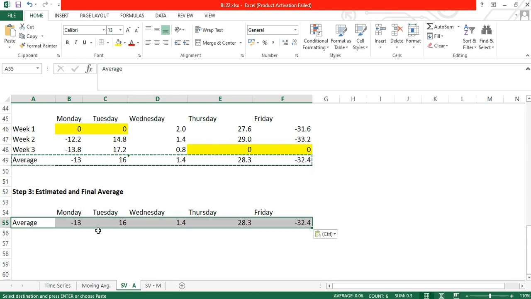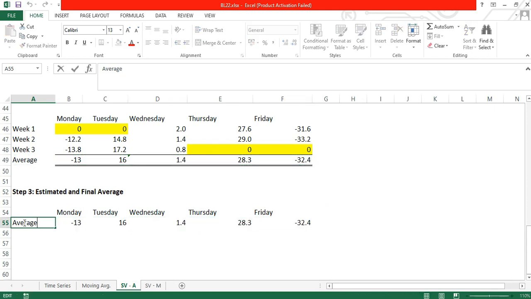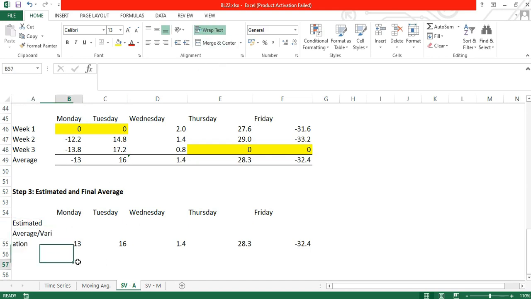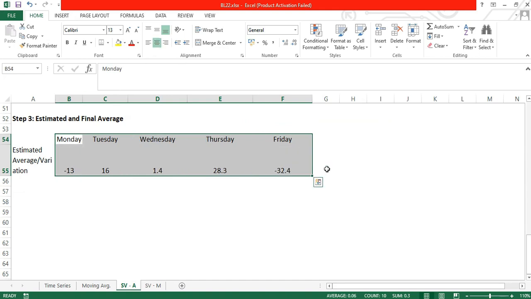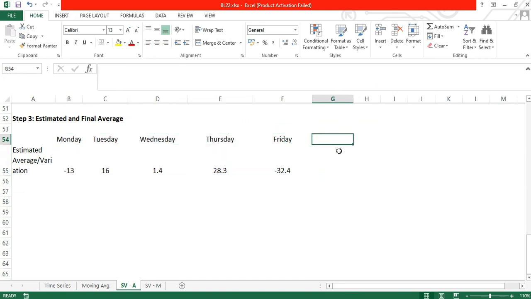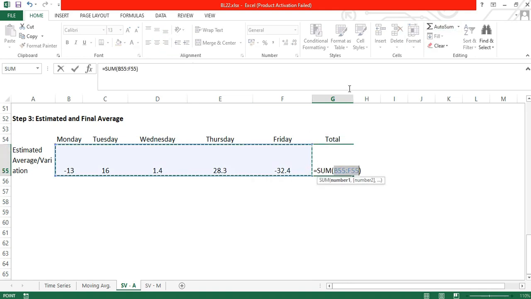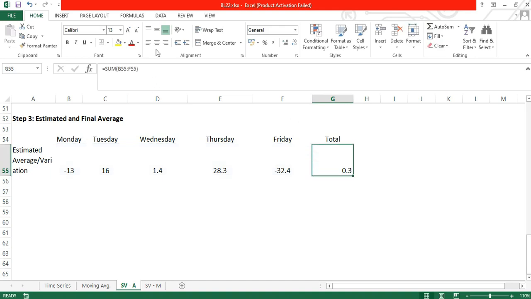Same thing, the results in step 2 will be the starting point of step 3, which is named as estimated average or variation. And then we take the total. So now the total here is 0.3.